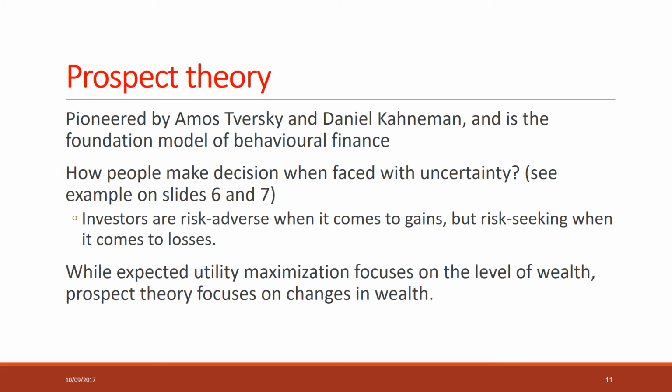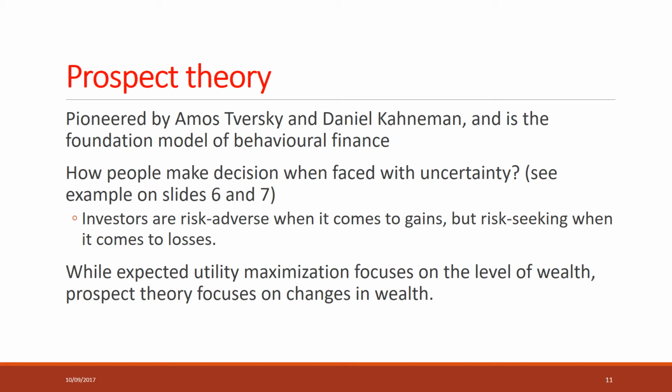So with the utility theory, we assume that investors always maximize the expected utility of their wealth. But we assume that investors always behave the same way, doesn't matter if it's a gain or a loss, right? With prospect theory, again going back to Kahneman and Tversky 1979, we recognize that investors behave differently when they are faced with gains and losses, yeah?